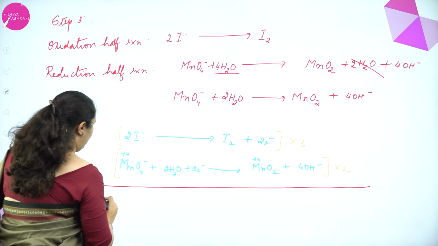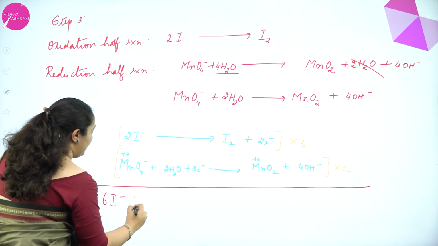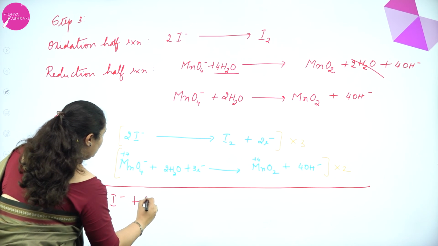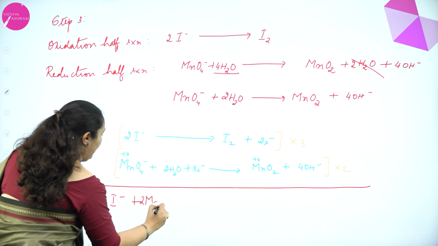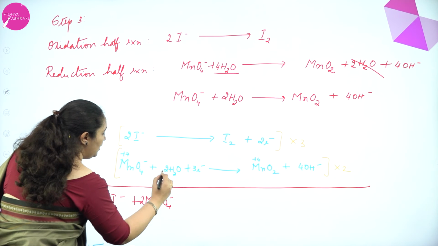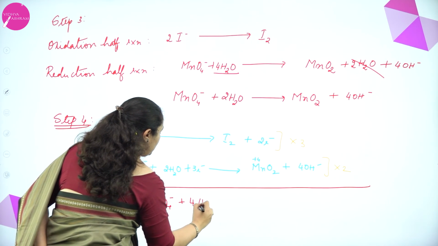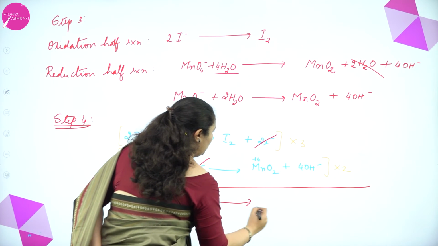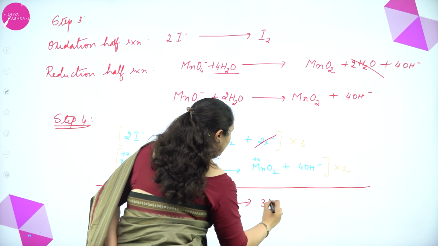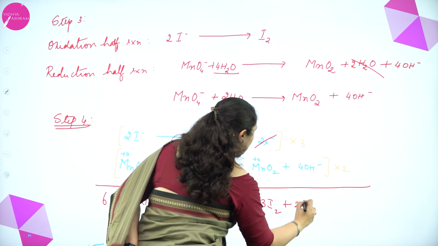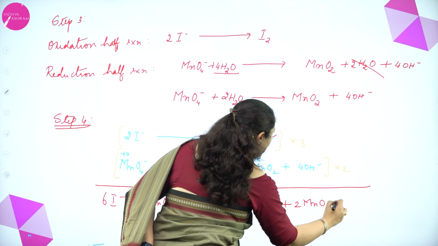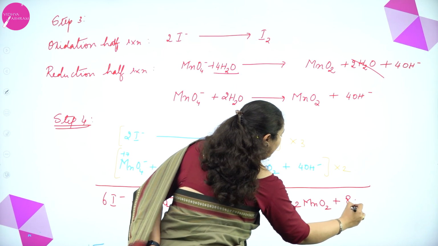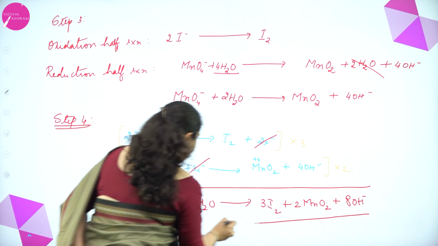It is 3 2s are 6. 6I minus plus 2 MnO4 minus, 2 2s are again 4 H2O. Electrons and electrons get cancelled. So you will get 3I2 plus 2 MnO2 plus 4 2s are 8 OH minus.